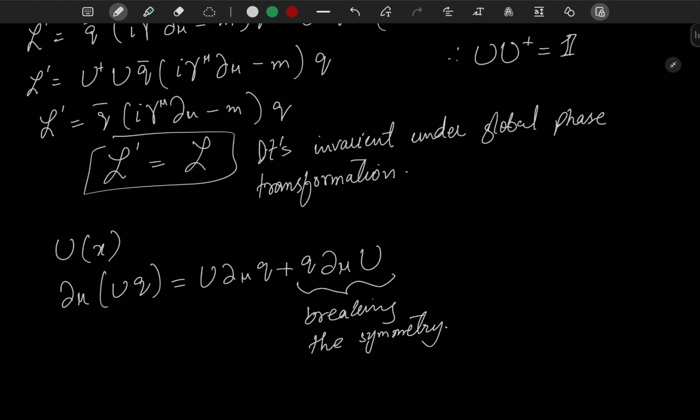The fact that when we are doing local transformation, we are getting an extra term which makes our Lagrangian variant, means it's changing under the transformation, or we can say that this extra term is breaking the symmetry of our Lagrangian. So yeah, this is a problem, and we need to solve this problem.